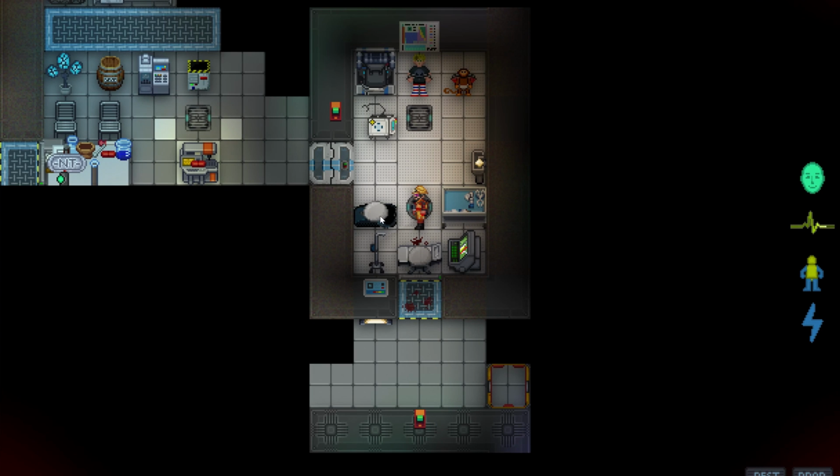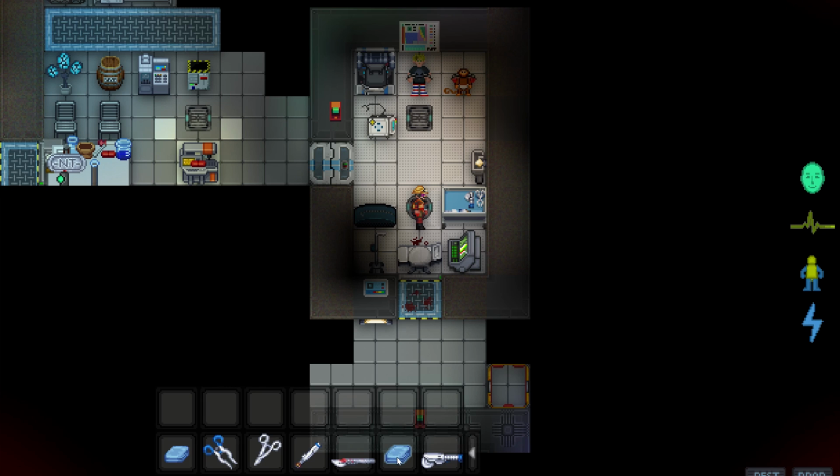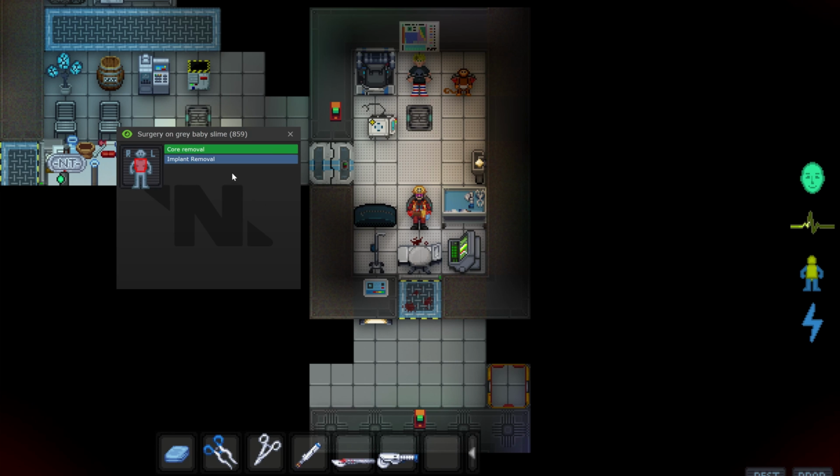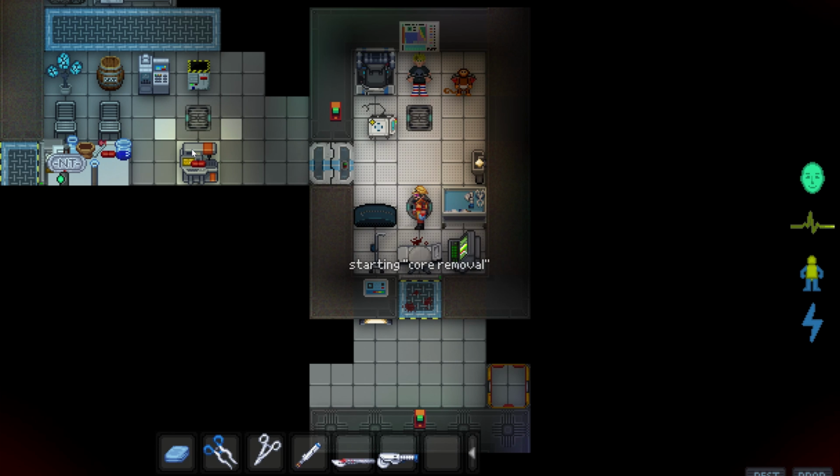To extract a core from a dead slime, you could use a slime processor that can be built by flipping the switch on the food processor, or you could also use the surgery tools. So taking surgical drapes, initiating the core removal, then use the scalpel to cut the slime, and then with a hemostat extract the slime core.